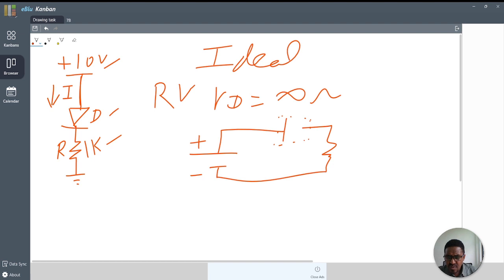So no voltage can drop across the resistor, and our current becomes zero. But across the diode, our voltage becomes absolutely equal to our source voltage, that is our 10 volts.